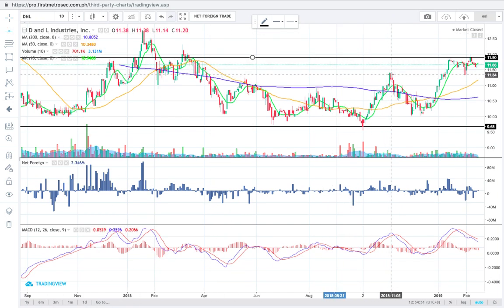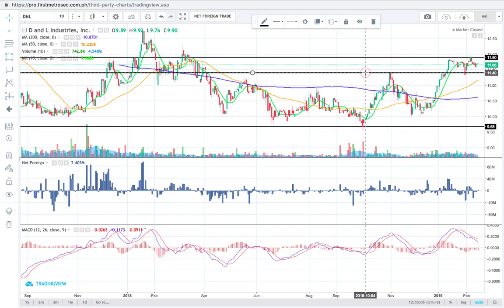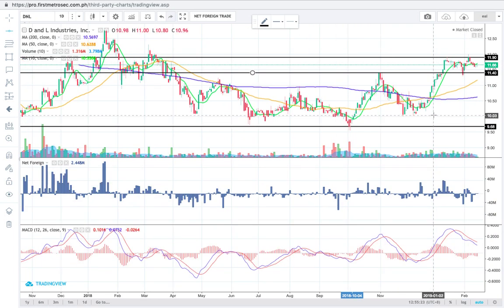Sometime in November 2018, November last year, the resistance back then was at 11.40. It bounced away from that old resistance level towards the major support at 9.68, but apparently it did not draw that close to 9.68.